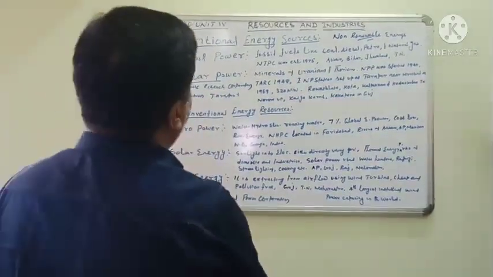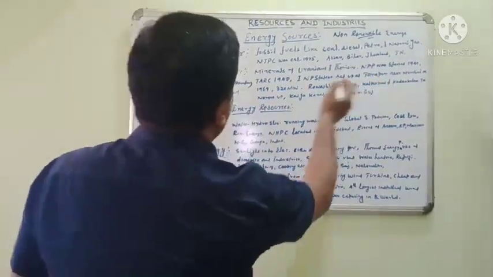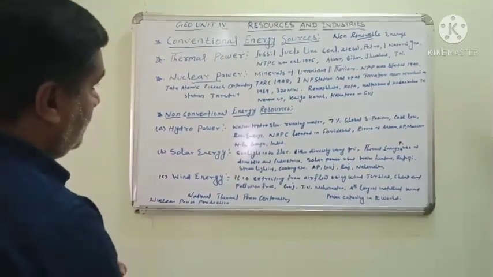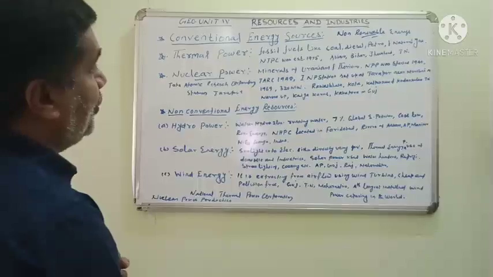The nuclear power production in our country was initially at Tarapur, where 320 megawatts were produced.